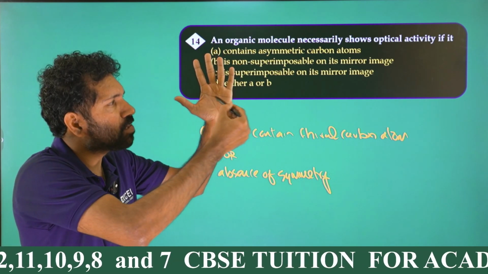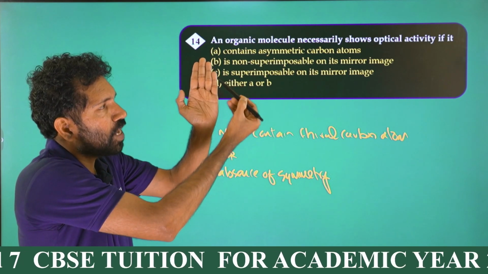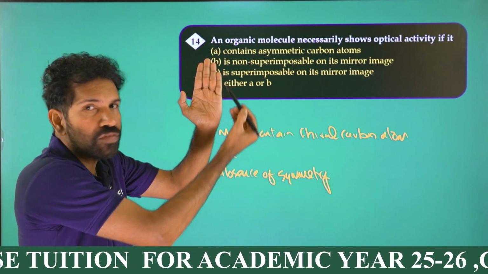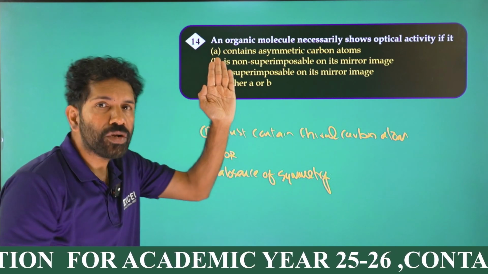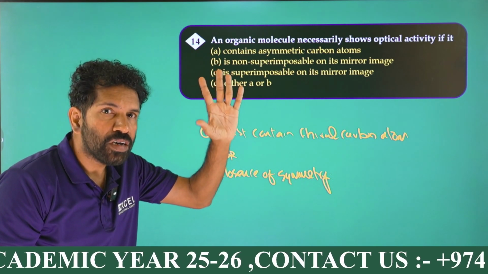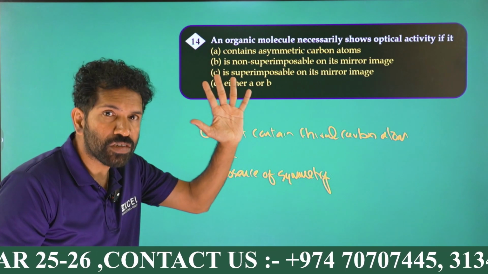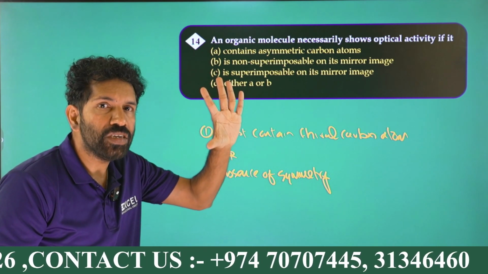If I divide it that way, you may not get equal halves either. So the palm is an object with an absence of symmetry. If a molecule has a similar type of structure, it will show optical activity.